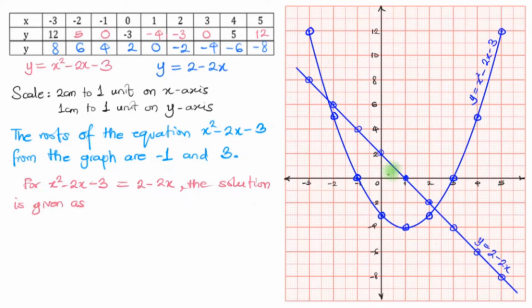What is going to be the solution to this particular question? If they are saying the two equations are equal, that means they are referring to the point where they overlap. Okay, and if you want to get the point where they overlap, here we can look at the point of intersection here.